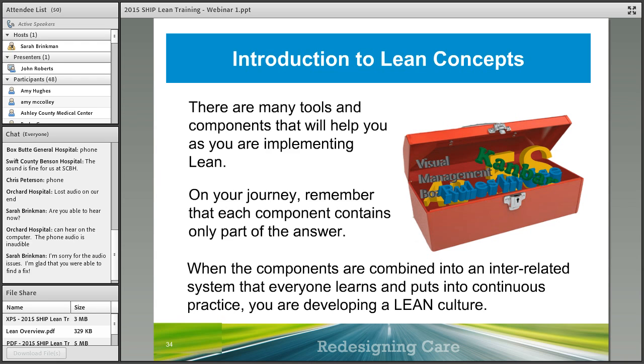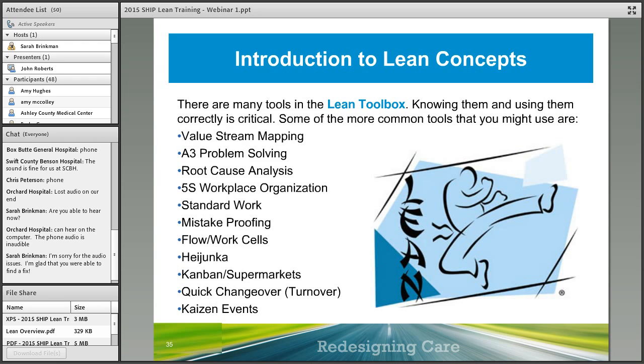So again, it doesn't have to be an overwhelming effort to try to get lean into your organization. There's just a small number of tools that can take care of a majority of things that you're dealing with in your facilities.